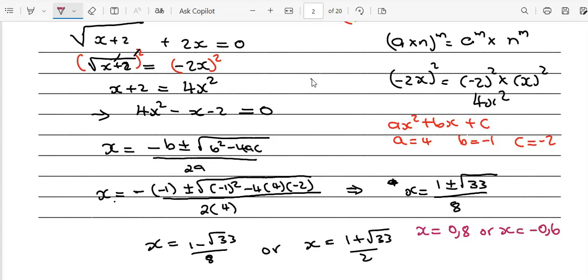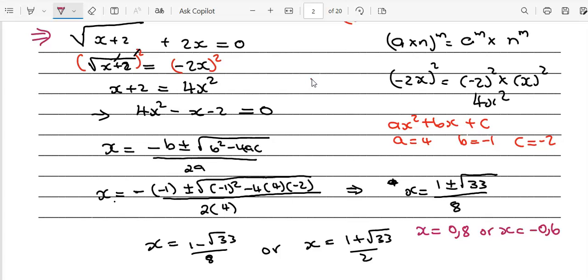Now remember, we are working with SATs. You need to check your answer. When you check your answer, first thing first, on the original equation, where there's x, you put 0.8 and punch that on the calculator. Whatever you get, you need to get your answer as 0. If the left hand side is not equal to the right hand side, this tells you that x must not be equal to that number.